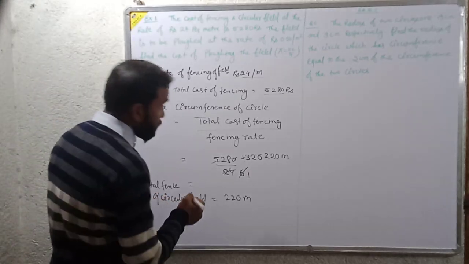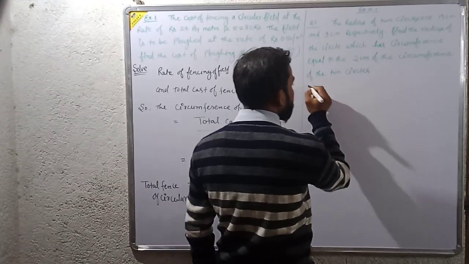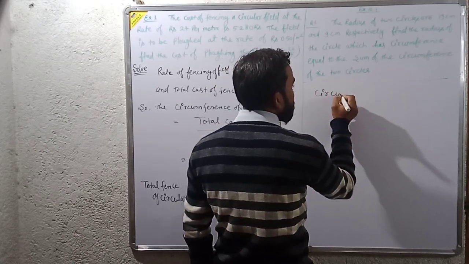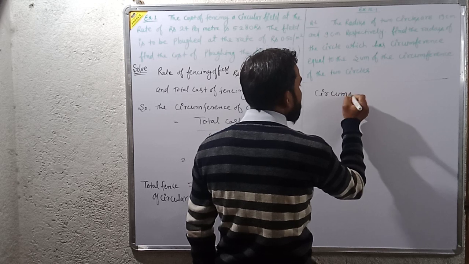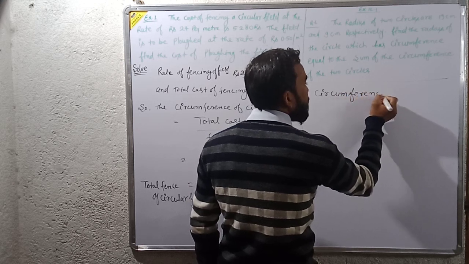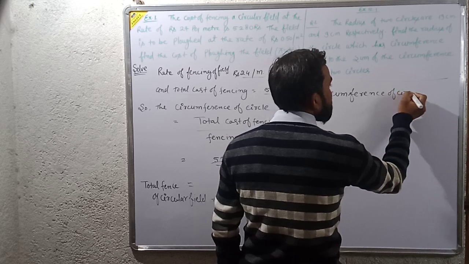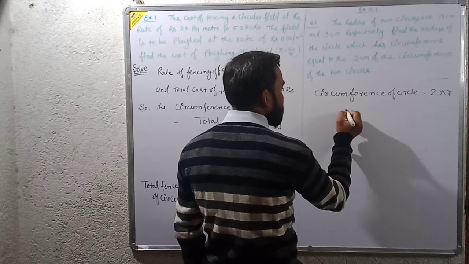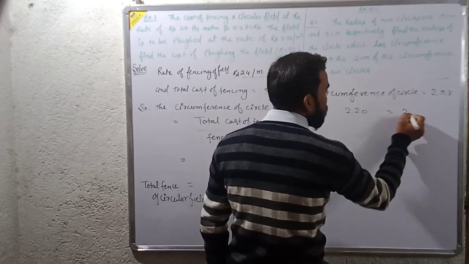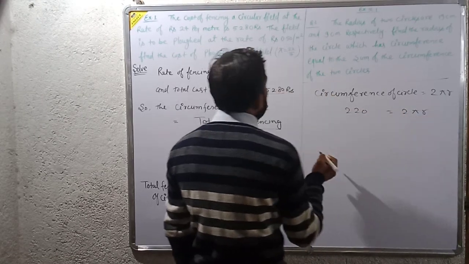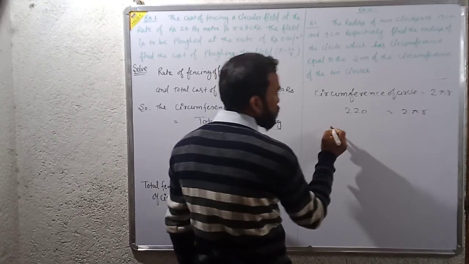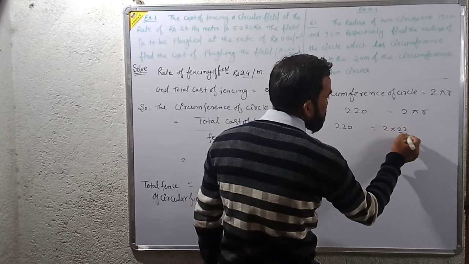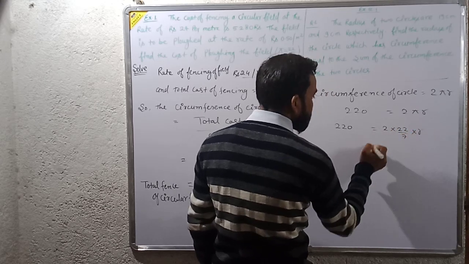But we know that the circumference of a circle is equal to 2 pi r. Here 220 is equal to 2 pi r. Pi is equal to 22 by 7. So 220 is equal to 2 multiplied by 22 by 7 into r.